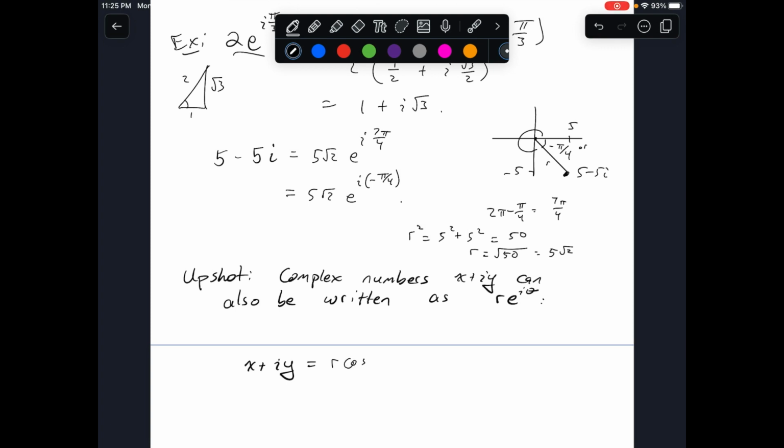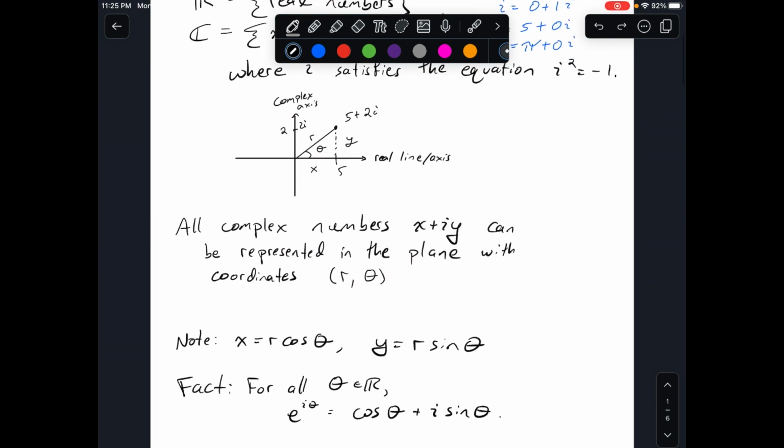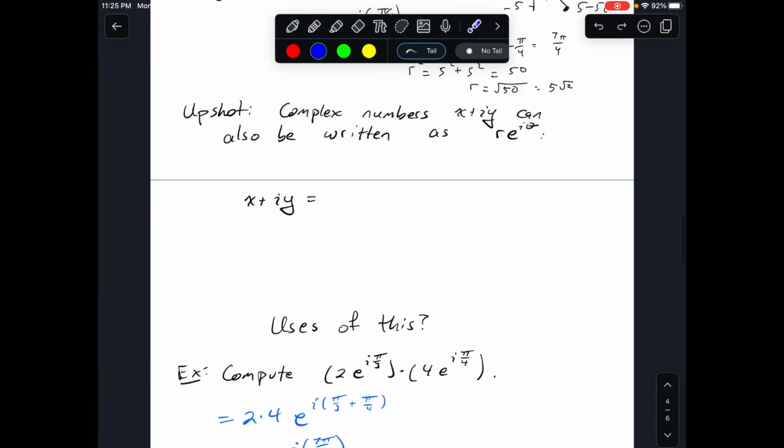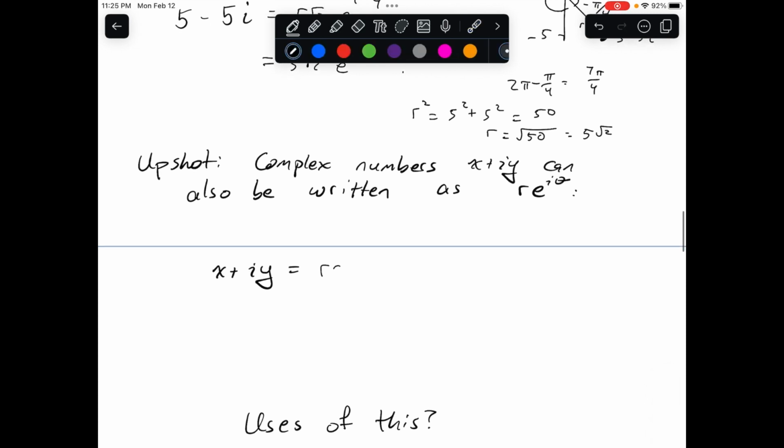Yeah, okay, oh, right. So, remember from before that x is equal to r cosine theta and y is equal to r sine of theta. And so you could just use that conversion right here. So x is r cosine theta and y is r sine theta.